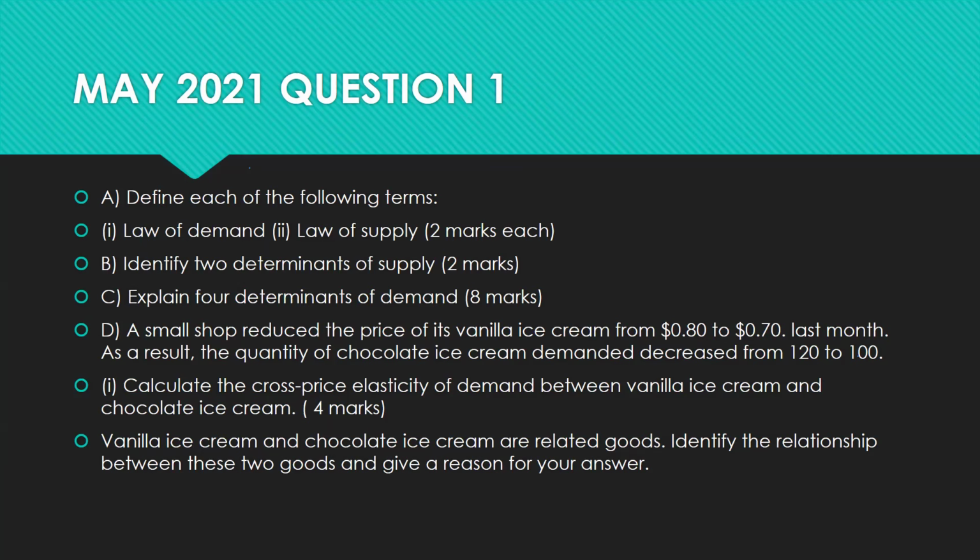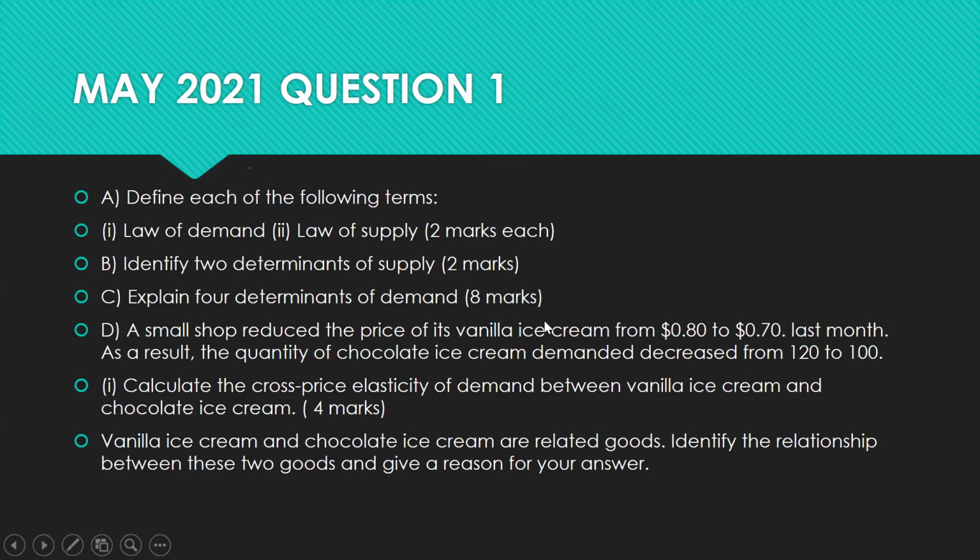Let's look at this. Vanilla ice cream went from 80 cents to 70 cents. If the price drops, would people buy more vanilla ice cream or less? More. So people are buying more vanilla ice cream. However, the quantity for chocolate ice cream demanded decreased.